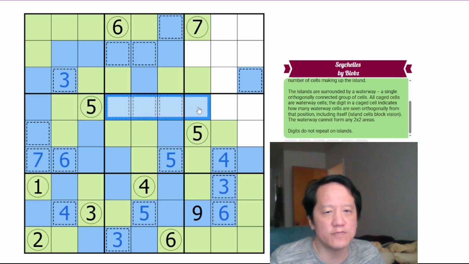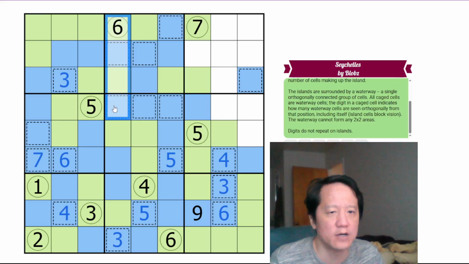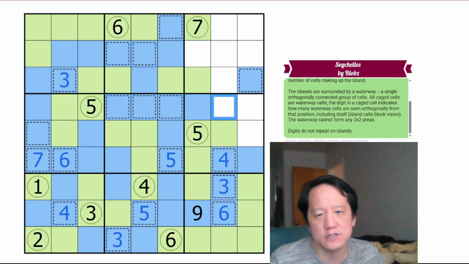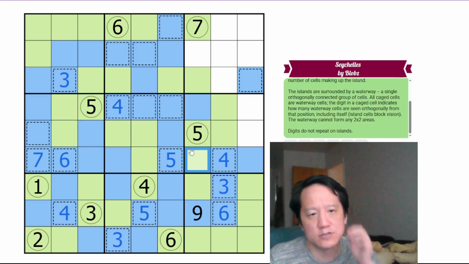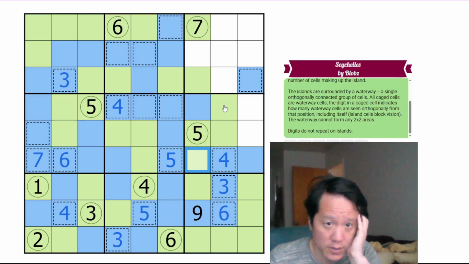This sees 4 and cannot be 5 or 6 because of 5 or 6 in the row and column. So this is done as waterways that it sees. So this is 4. This is island.